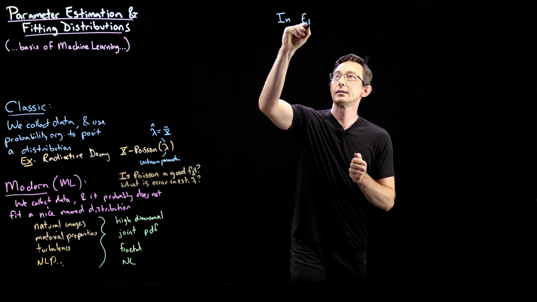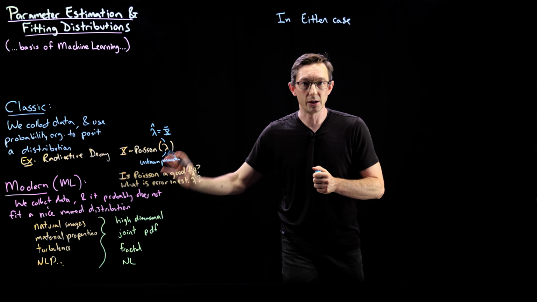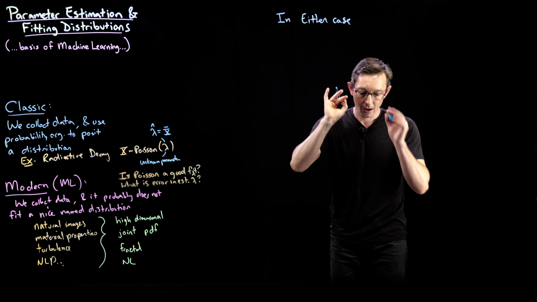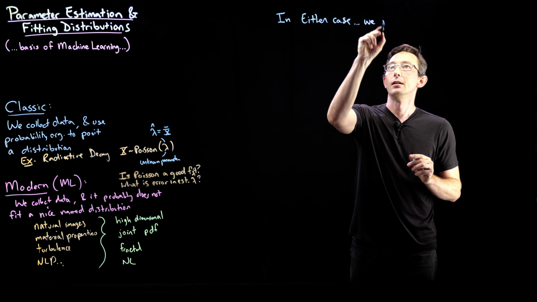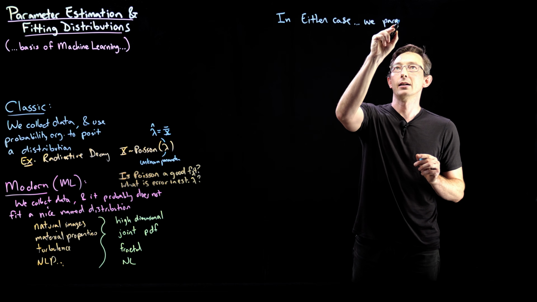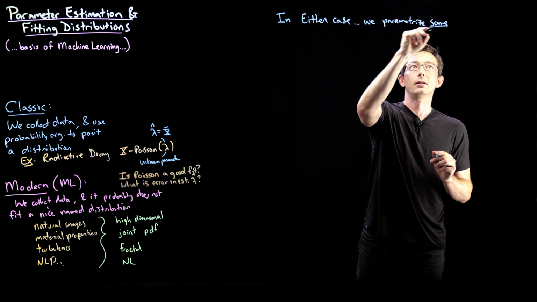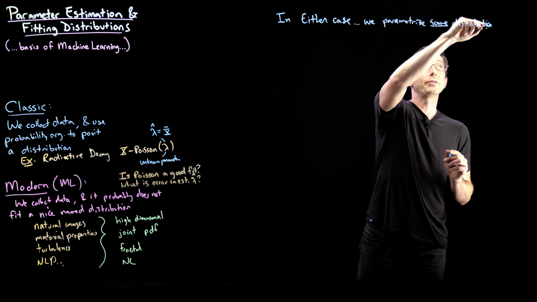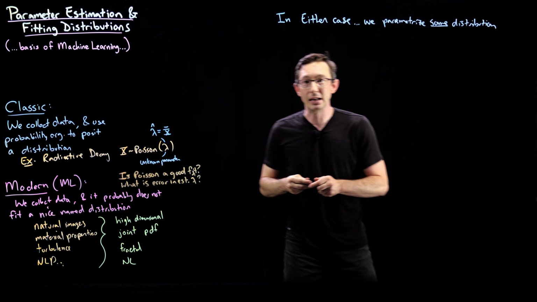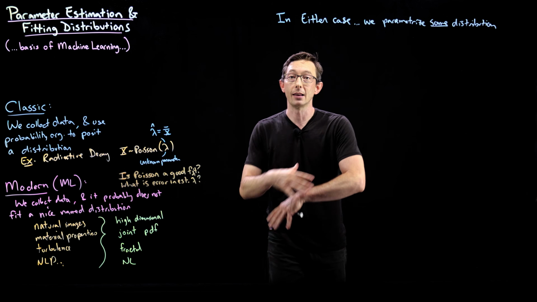In either case, the classical or the machine learning case, we parameterize some distribution. Now, that distribution might be a known distribution like Poisson, or it might be an unknown distribution like a neural net.